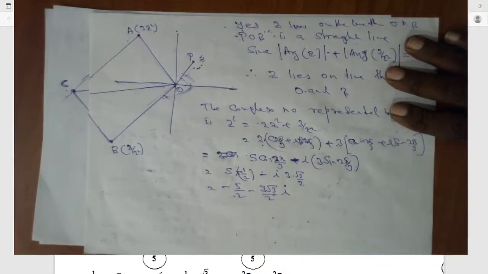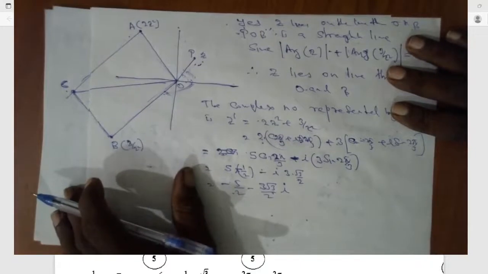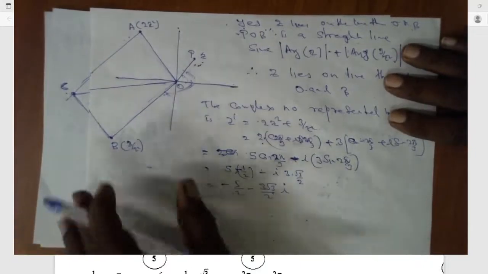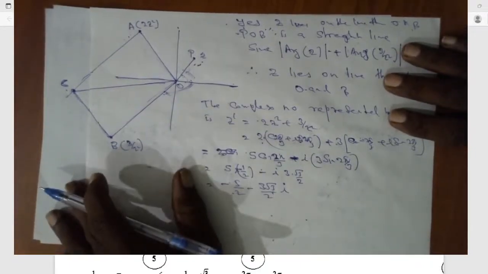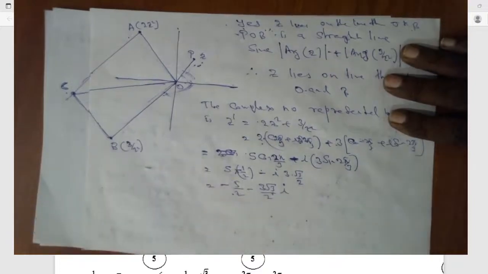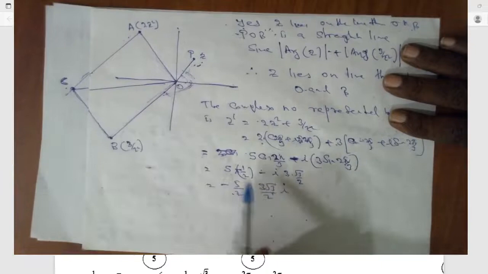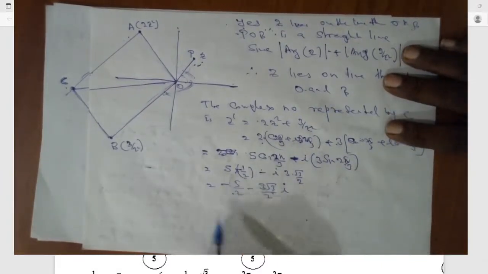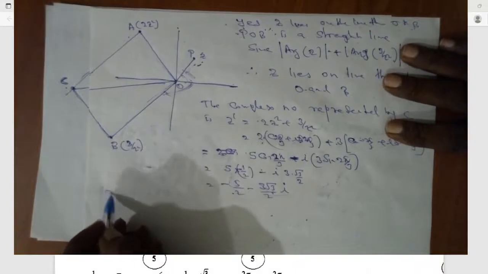No, not like that. OC you can very easily find: that is the modulus of this complex number. This is point C, no? OC very easily you can calculate. What is OC? That's one diagonal, this diagonal.